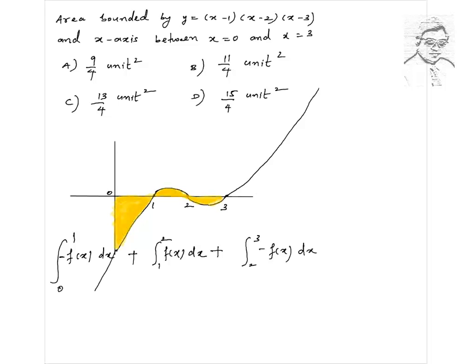That means B. Yes, B is the correct answer.